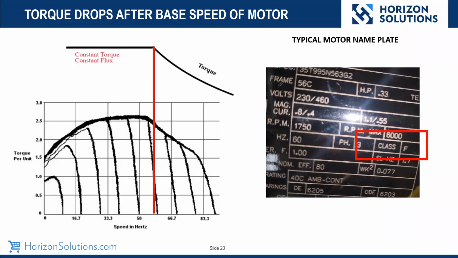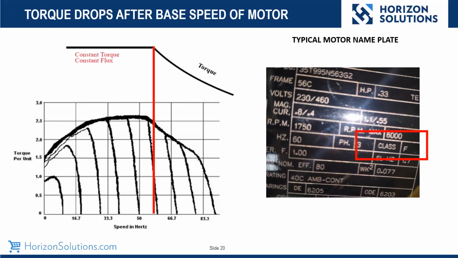Base speed is 60 Hertz, right? It's what the full RPM of the motor is at 60 Hertz, and that would be line frequency. So if you were running a drive, you would have constant torque or high torque levels all the way up to 60 hertz. But what happens after you go past base speed? Well, you can see by the chart here, the torque decreases.